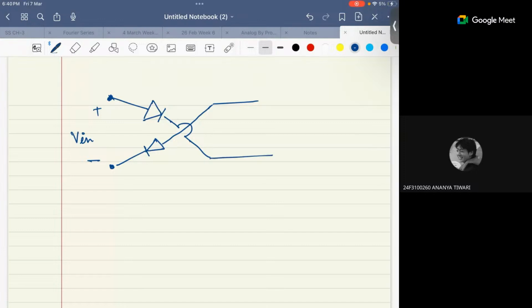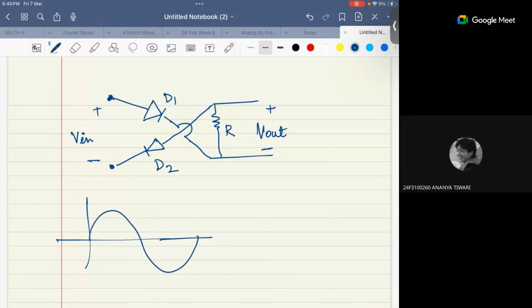This is V input, this is V output. Let's attach a resistance here. This diode is D1, this diode is D2. This is the input that I'm giving. What will be the output?